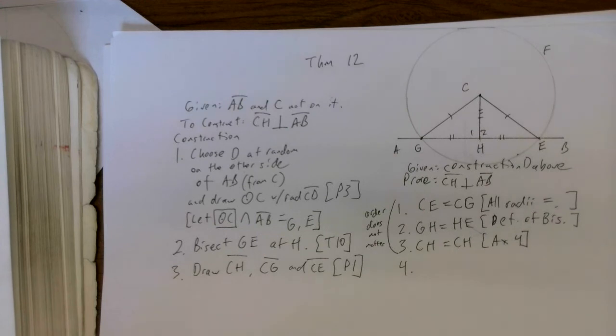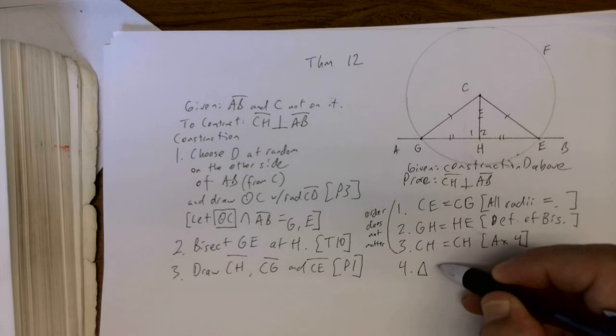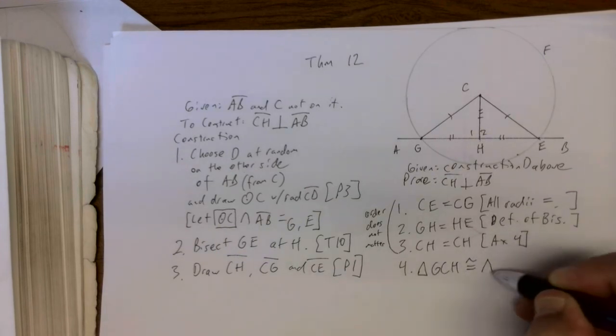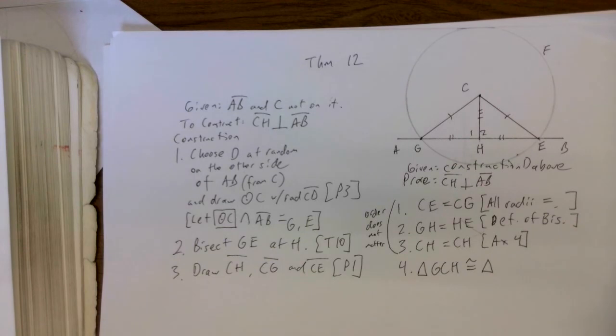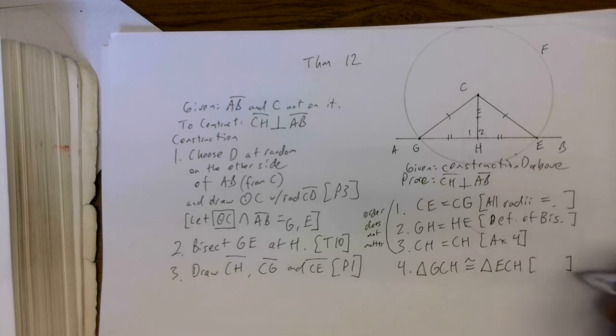Let's try Layla. Triangle GCH is congruent to triangle ECH. Perfect. That's exactly right. And class, the reason is? SSS. Very good. We proved all 3 sides congruent.